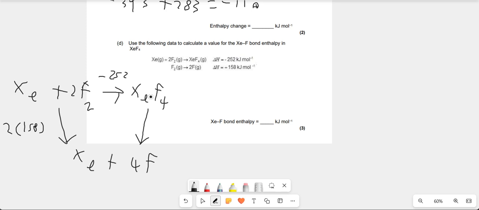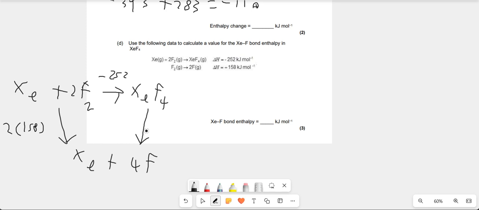So therefore, if I'm modifying XeF4 to there, it's easy. All I need to do is go either route. It will essentially be 2 times 158.